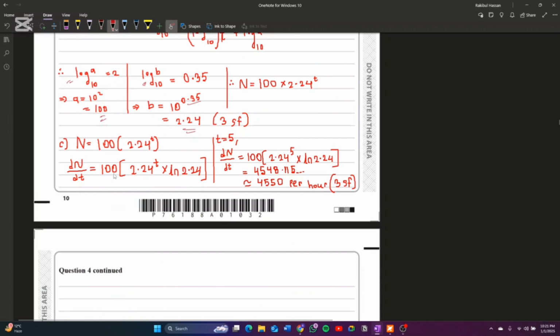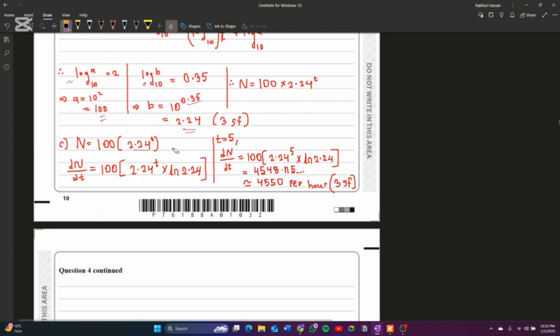So dn by dt is 100 remains, and then for the a to the power x part, this is the formula for d by dx of a to the power x, which gives us 2.24 to the power t times ln 2.24.